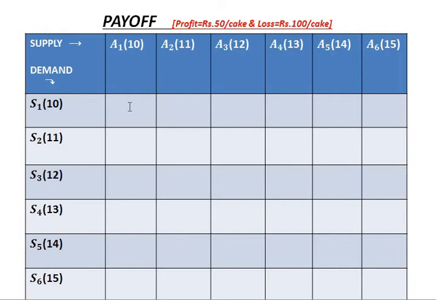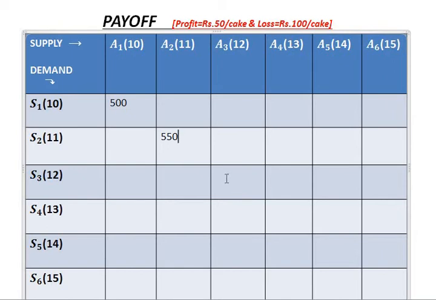First diagonal value, 10 cakes. Profit, as I just repeated, is 50 rupees per cake. So 50 multiplied by 10, his profit will be 500. Now here again 50 multiplied by 11, his profit will be 550.